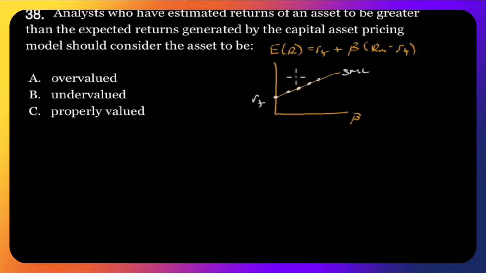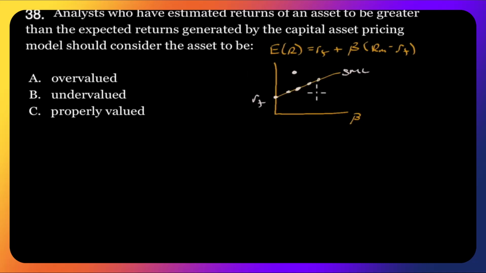This is saying, well, what if you do your own estimate and you say, I'm going to ignore the capital asset pricing model, and I think it's priced here. Well, clearly, if the capital asset pricing model is pricing it on the line and you're pricing it above the line, you would say CAPM looks like it's undervaluing that particular security. So let's read the question again with this in mind.